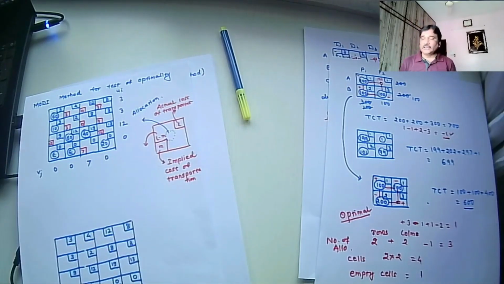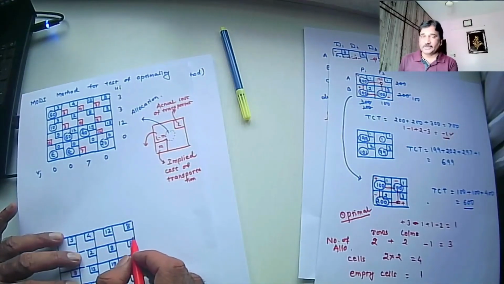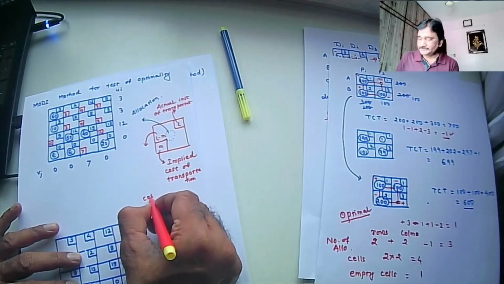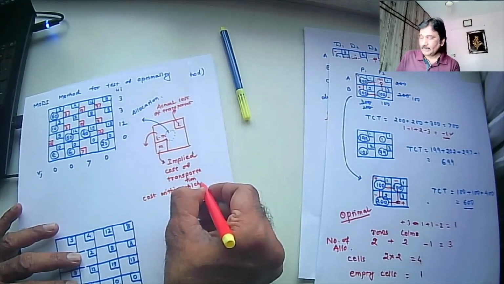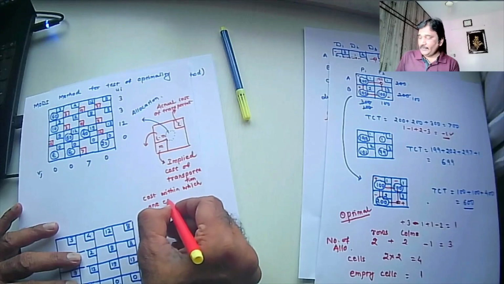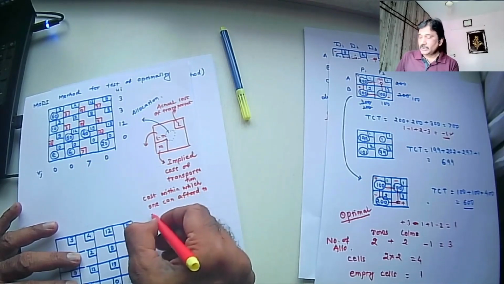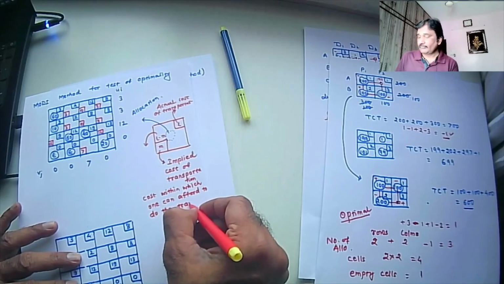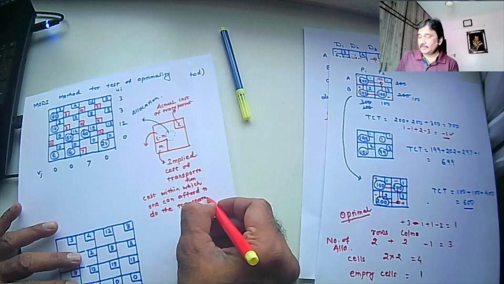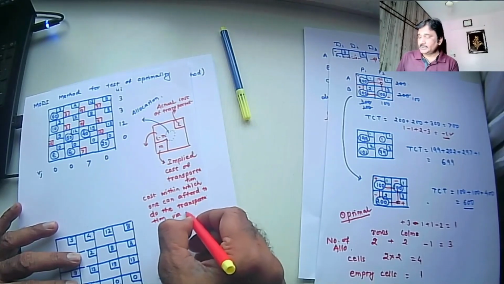Implied cost of transportation means the cost within which one can afford to do the transportation via that route.